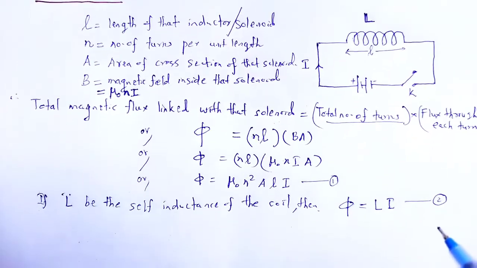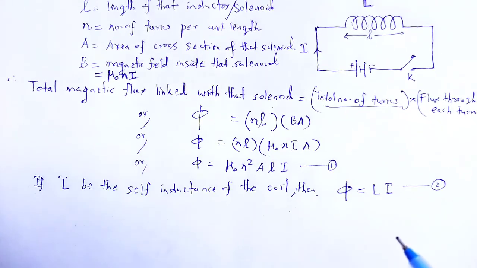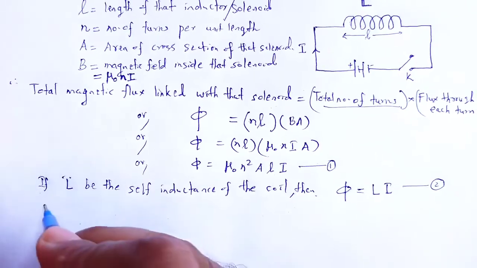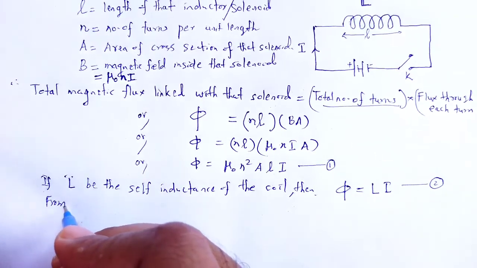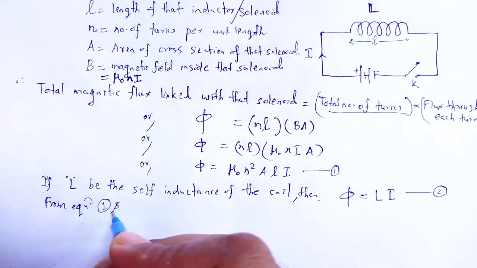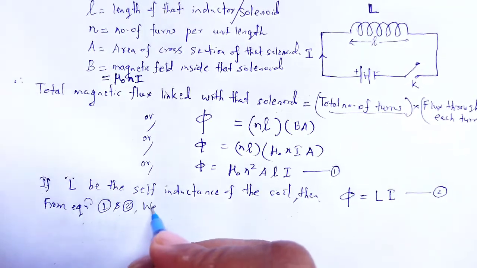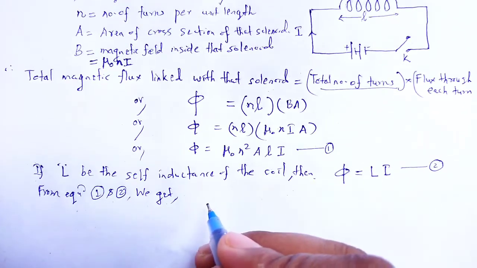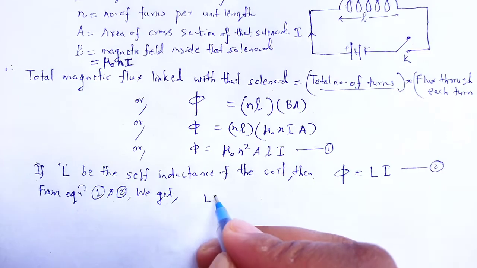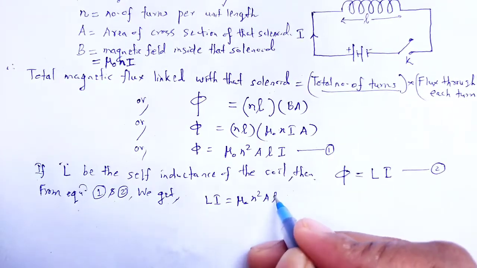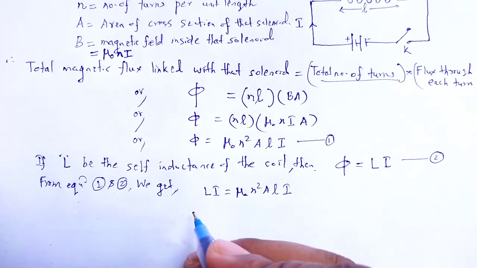From equations 1 and 2, we get L i is equal to mu naught n square A L i.